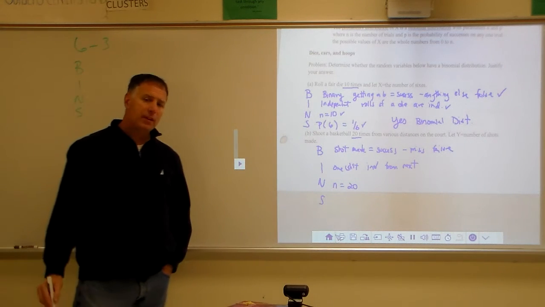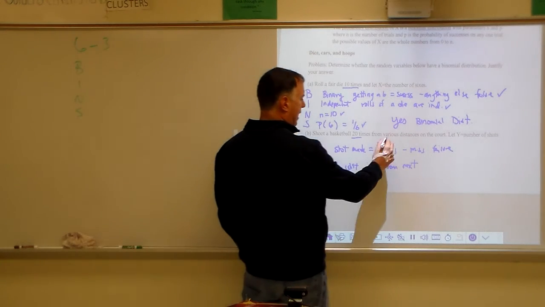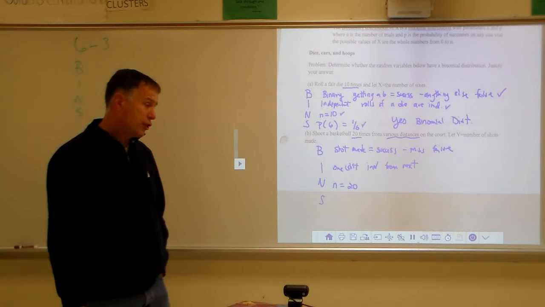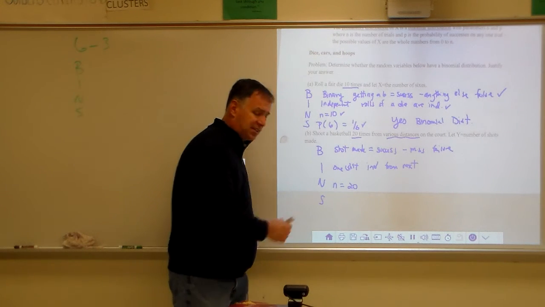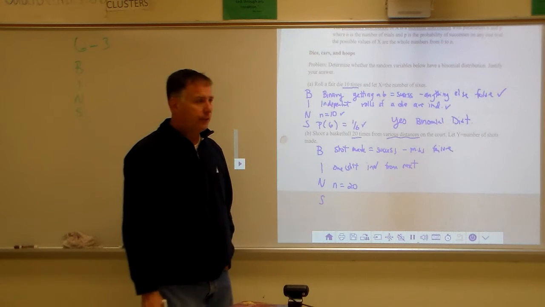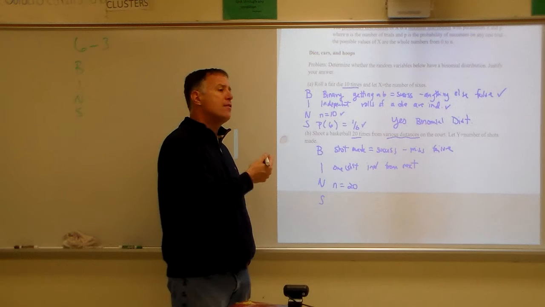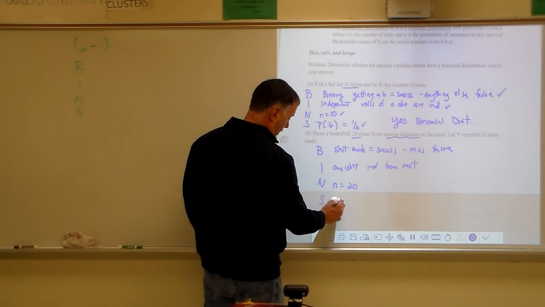Now, probability of success. In this one, they're talking about doing it from various distances. So if we're shooting from various distances, the probability of success is not the same. If you're shooting a shot near the basket and you're shooting a shot away from the basket, those probabilities are different. So this one fails.